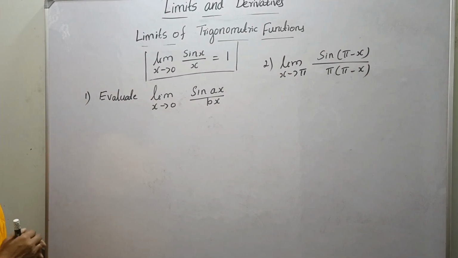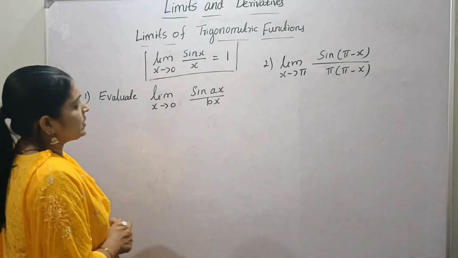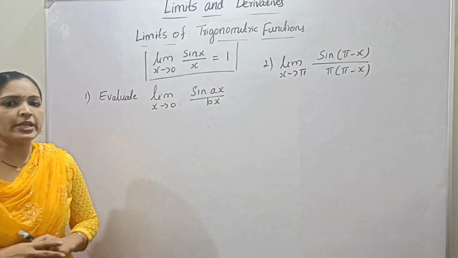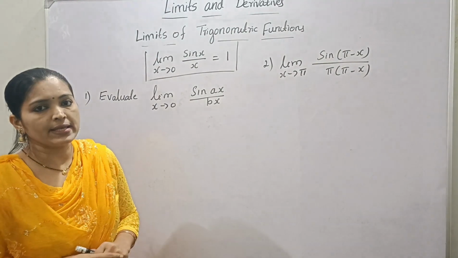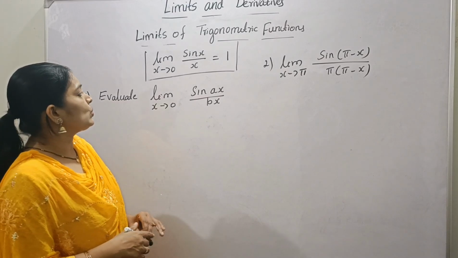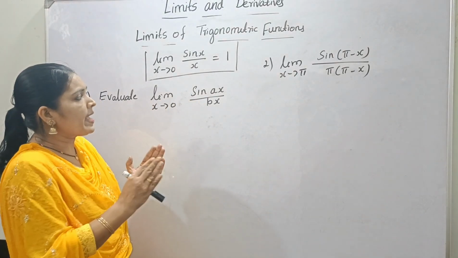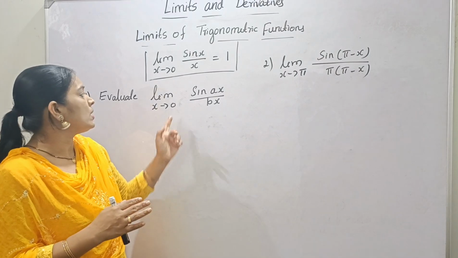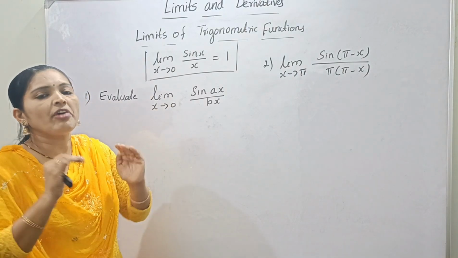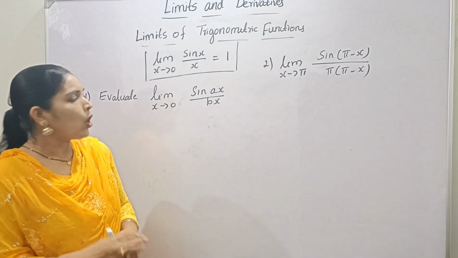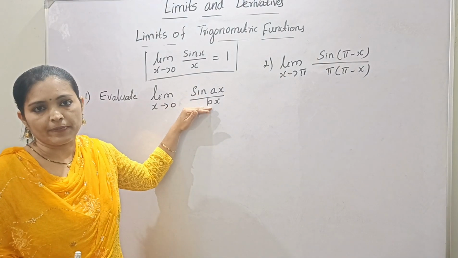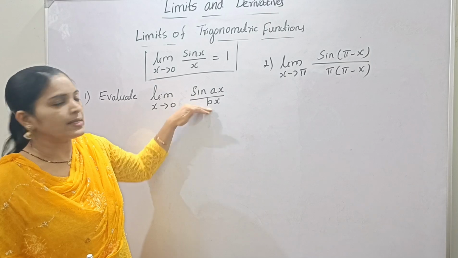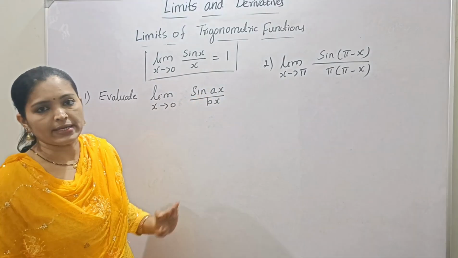So here, sin ax by bx, right? We know that our formula is limit x tends to 0, sin x by x is equal to 1. So if it is sin ax by ax, we can write 1, that is limit x tends to 0, sin ax divided by ax is equal to 1. Now let us write ax here. If we write ax, then we have to multiply by ax, right?